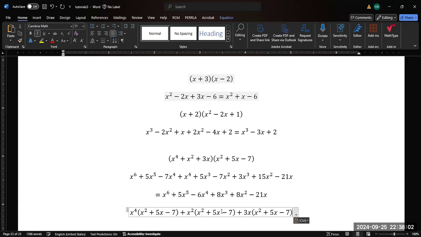Again, the idea here is you're multiplying each of the components in your first parentheses by the entire second parentheses, and then you're just doing the distributive rule, distributing through each of the parentheses, and you'll see that when you actually do this, you will get exactly what we did here.